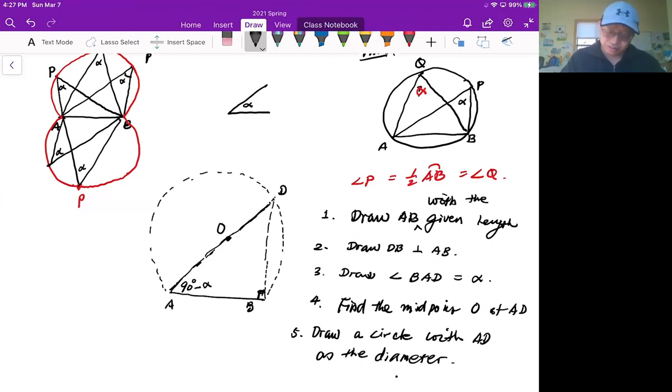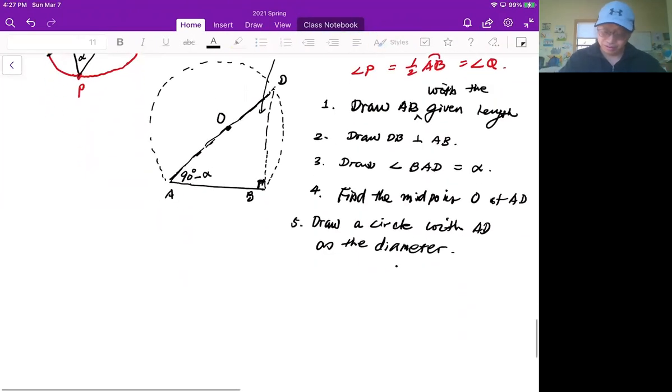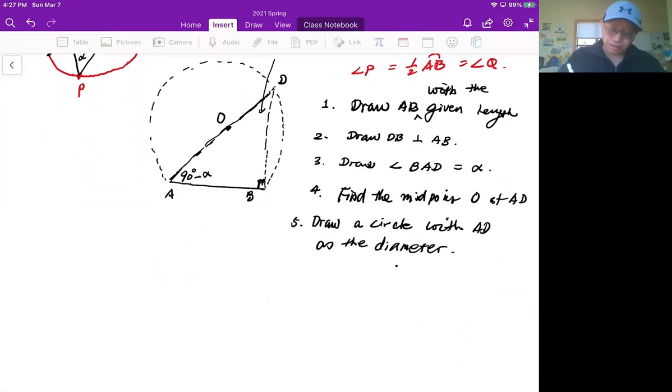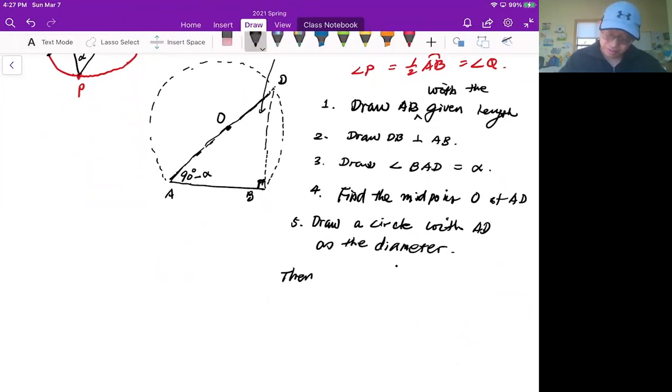So if this is 90 degrees, this is 90 minus alpha, and then we can figure out that the angle D is equal to alpha. And also every other point here can form alpha as well, just because they're on the same circle, right? That's also alpha, and that's also alpha. And so we finish half of the problem.